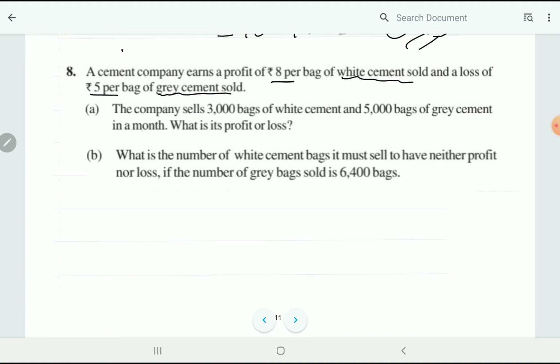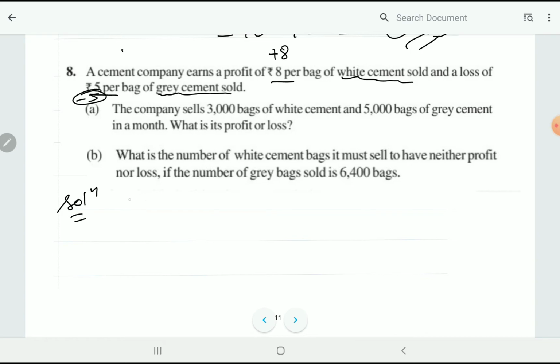So first of all, I want to tell you that for profit we will take +8 and for loss we will take -5. For loss we will take the minus sign and for profit we will take the plus sign. So first of all we will write what is given.